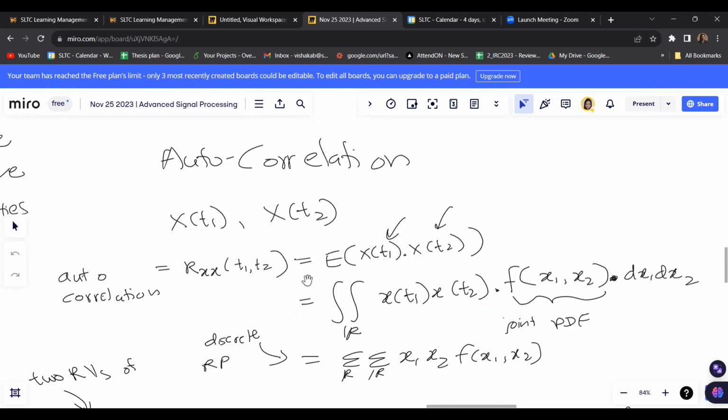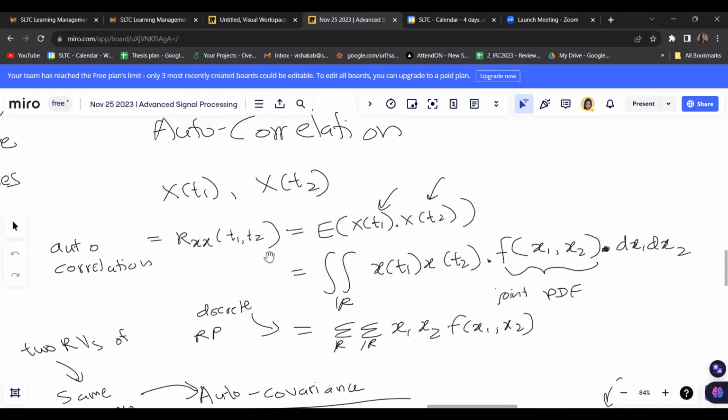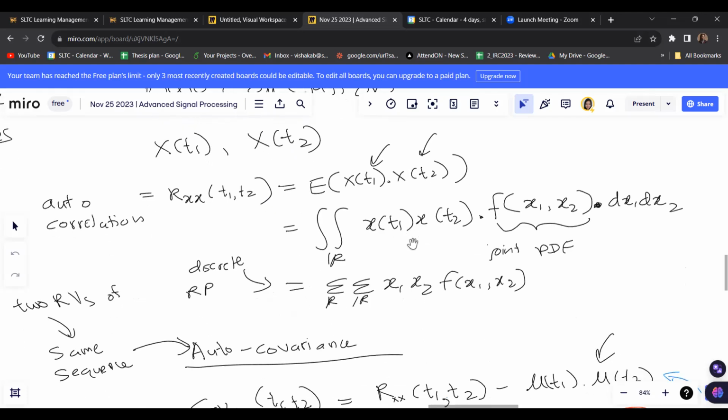We find it by taking the expectation of the product of the random variables xt1 and xt2.